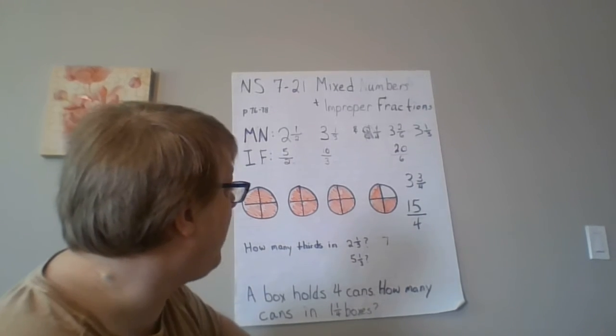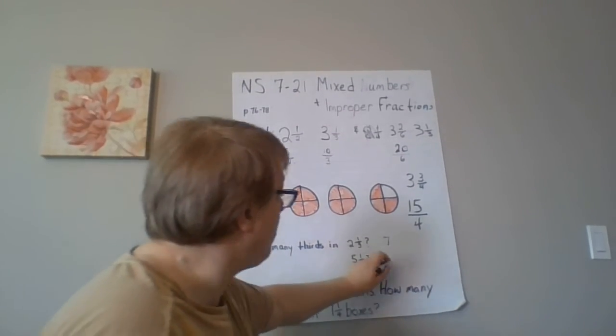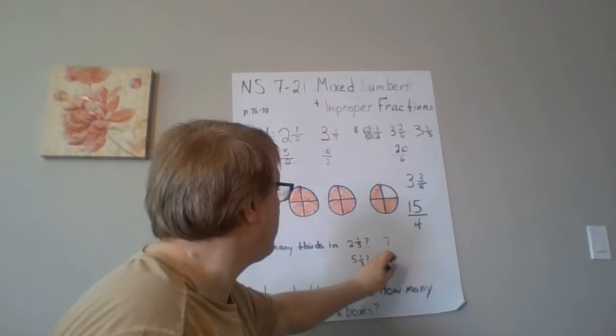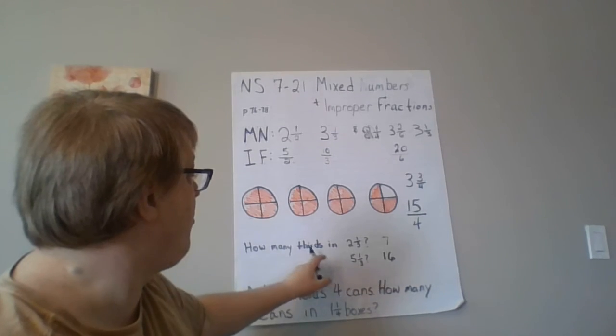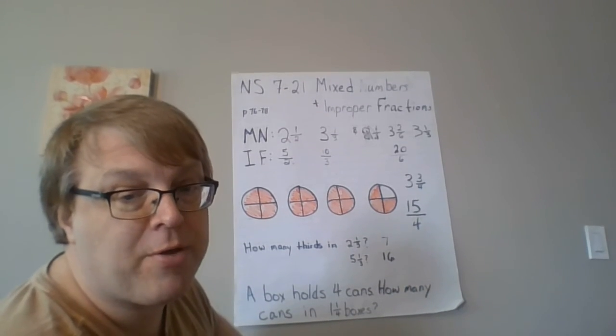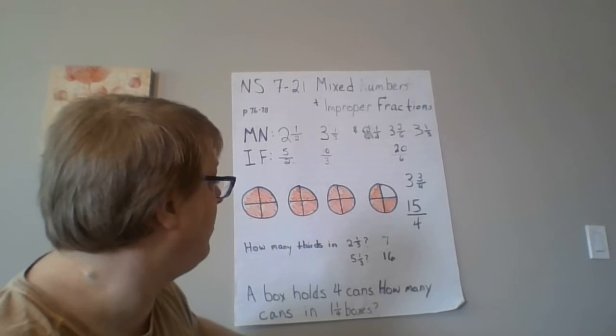How many thirds are in 5 and 1/3? 3 times 5, that's 15, plus 1 is 16. Easy stuff. They're not asking for the improper fraction, they're asking for the top half of the improper fraction.